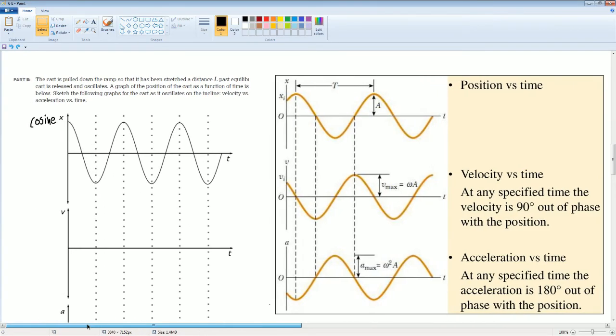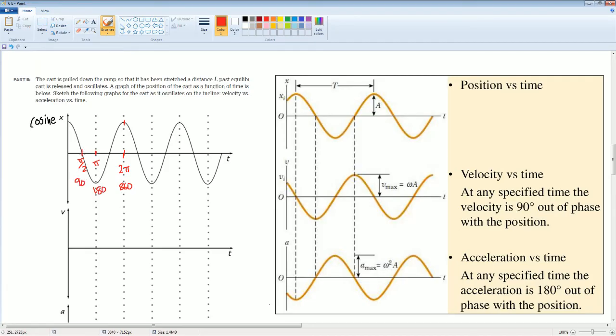If you take a look, this is the sine wave. Its complete oscillation occurred from here to here, so this is at 2 pi. That means this is at pi, and this is at pi over 2.